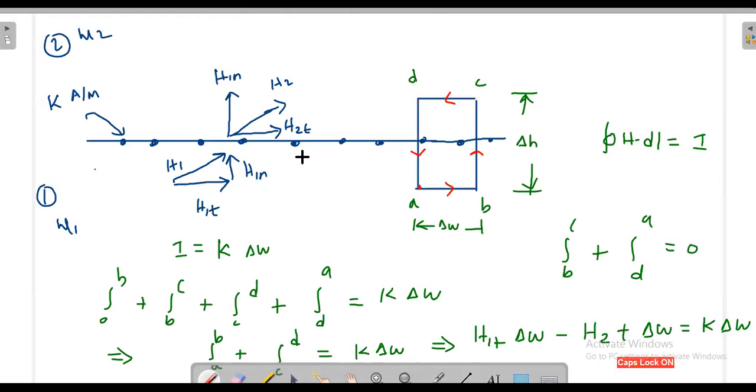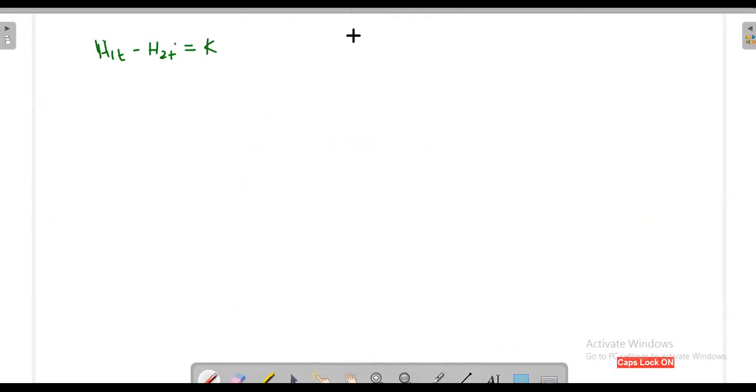H2t also, once we take the difference, will still be in the y direction. So the direction of H1t minus H2t will be the y cap direction.